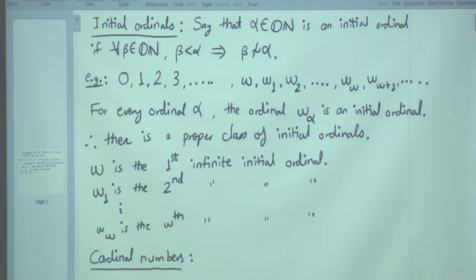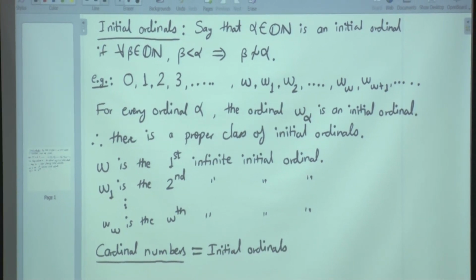So, what's our tagline for ordinal and cardinal numbers? Ordinal numbers describe position in a list, whereas cardinal numbers describe size. Okay. So cardinal numbers are the same as initial ordinals.